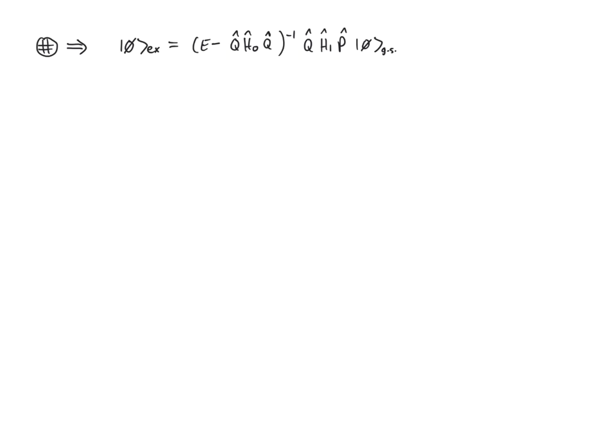Okay, what can I do with this? Well, what I can actually do is plug this expression for phi excited into equation star and eliminate thereby all reference to the excited states. So I'm going to write equation star again, but I'm going to eliminate from it phi excited using this expression, and I'll obtain the following.